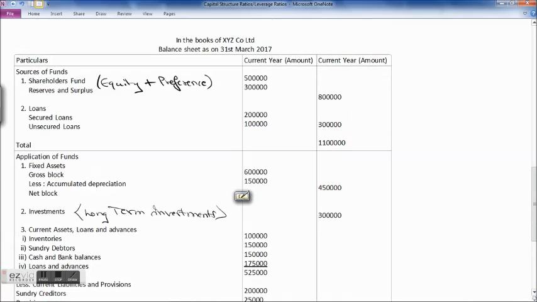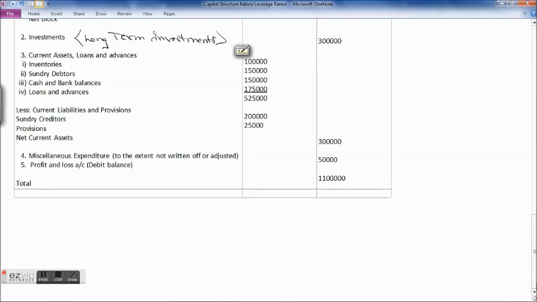Now we have to calculate the equity ratio.